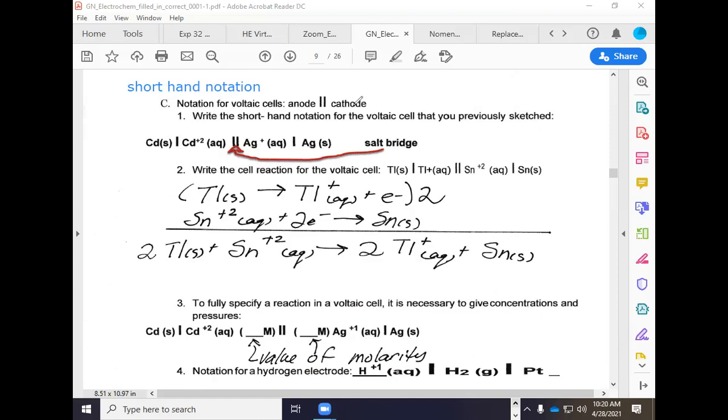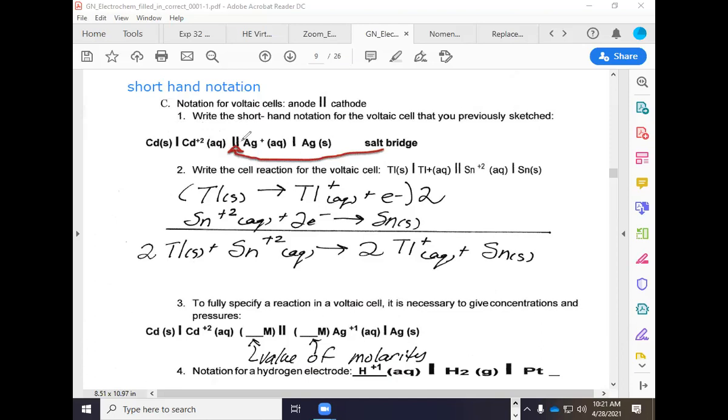So for example, for the voltaic cell that was on the prior page, we would write the anode this way: cadmium solid, and we will put the phases in, goes to cadmium +2, aqueous. And then we draw the double lines to represent the salt bridge between the two half reactions.